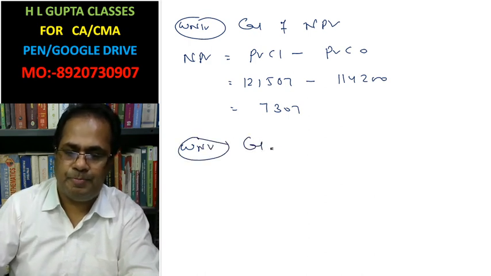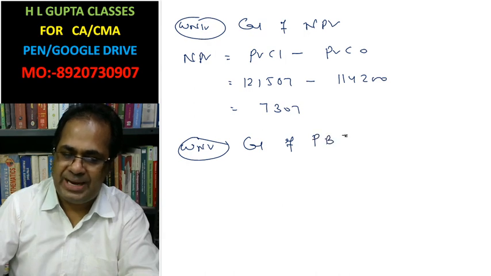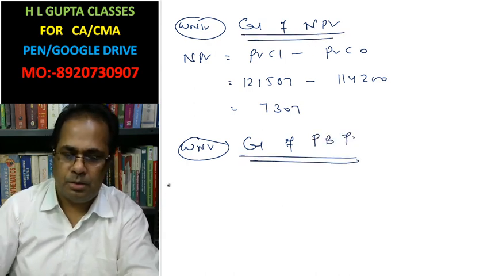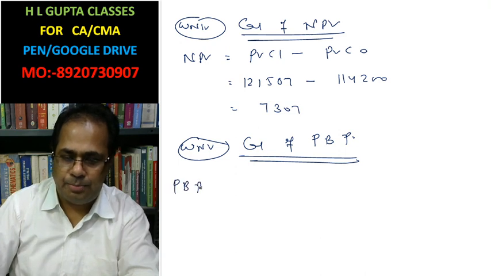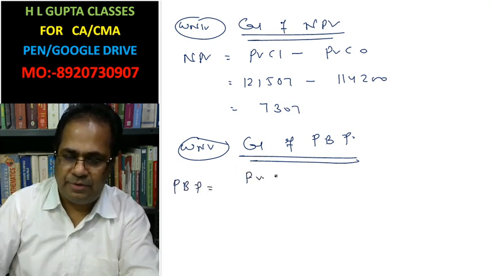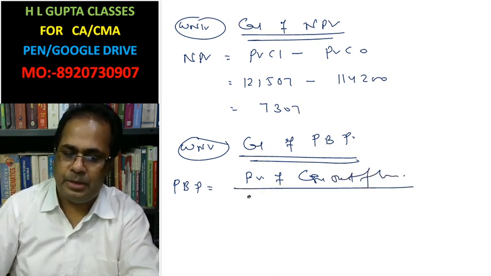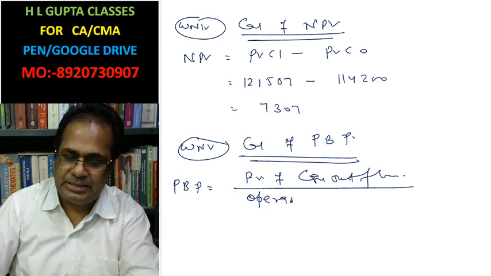Now working note 5. Calculation of payback period. Payback period is present value of cash outflow divided by operating cash inflow.